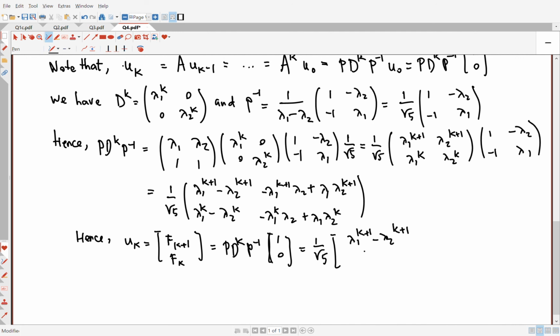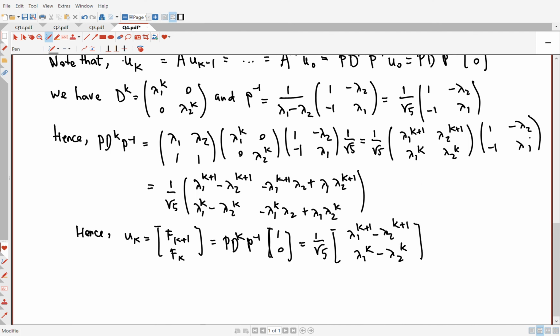The below term will be lambda 1 to the power of k minus lambda 2 to the power of k. And we are done, because we have this f_(k+1) is equal to 1 over square root 5 of this, or you can also say f_k is just 1 over square root 5 of this.